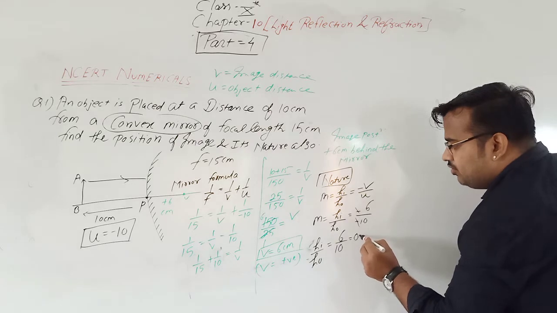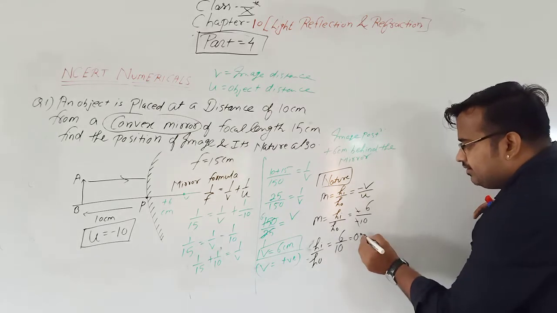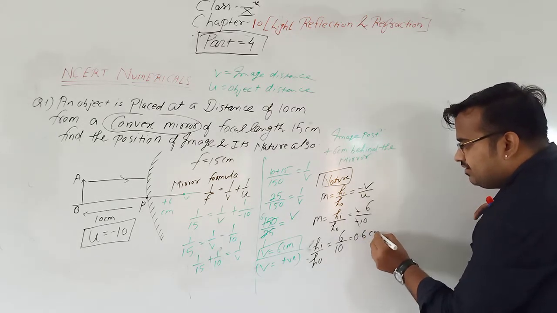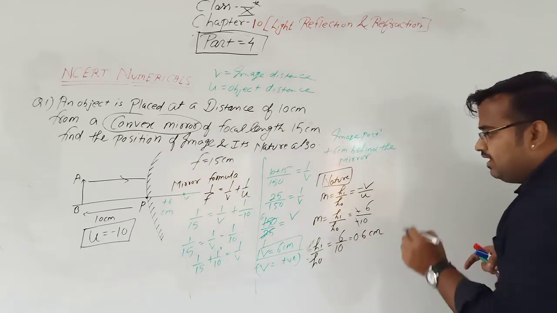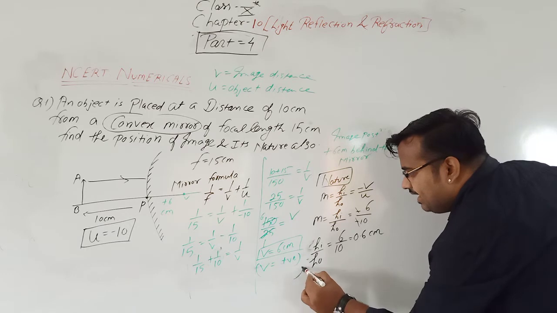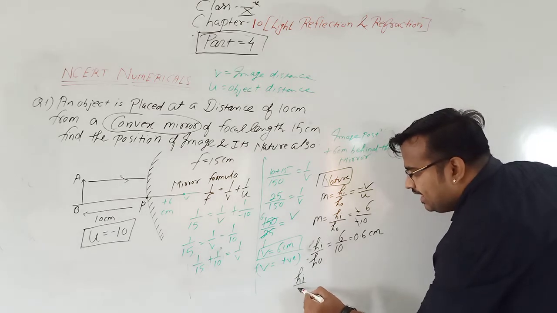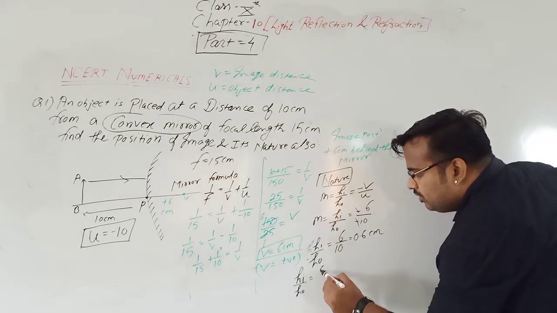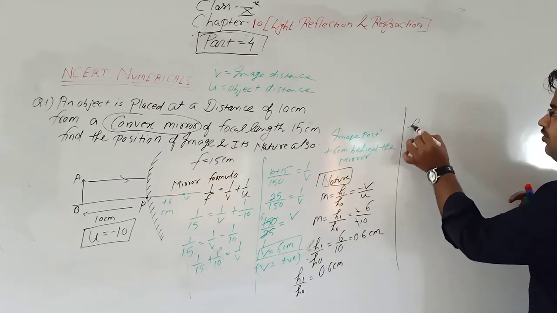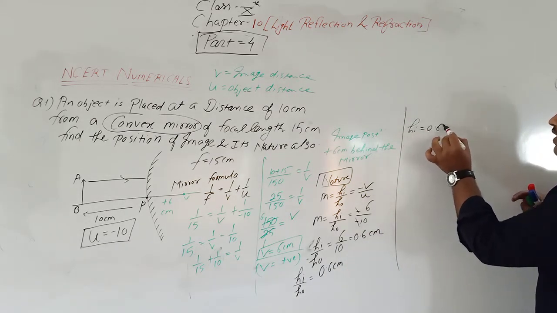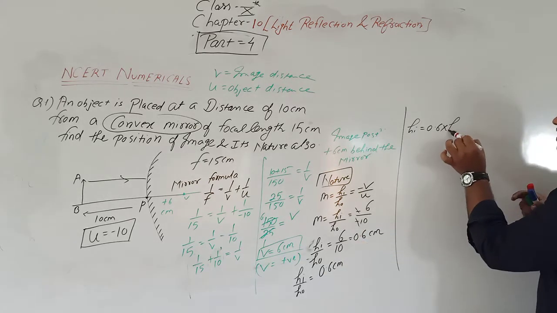That means 0.6. Now we can write height of image upon height of object is equal to 0.6. That means height of image is equal to 0.6 times the height of object.